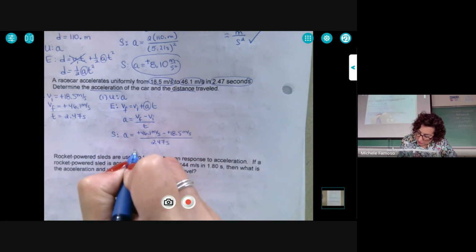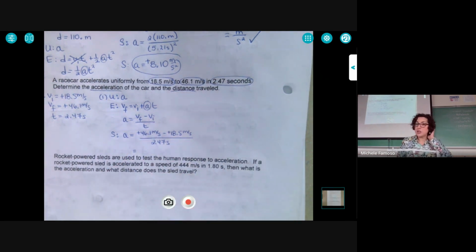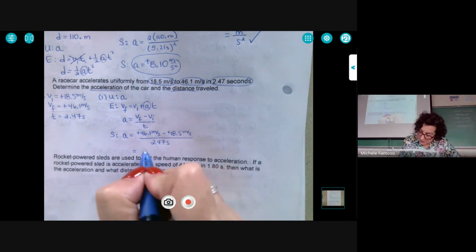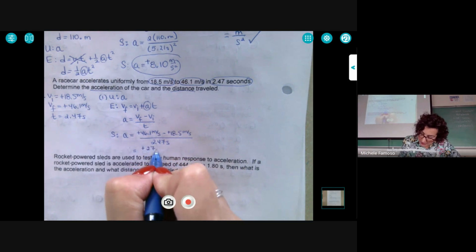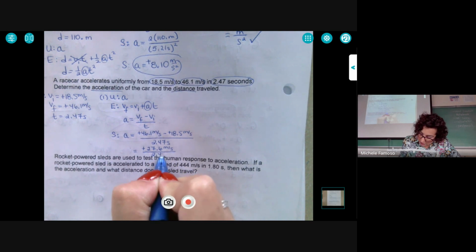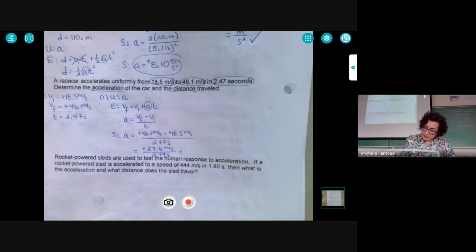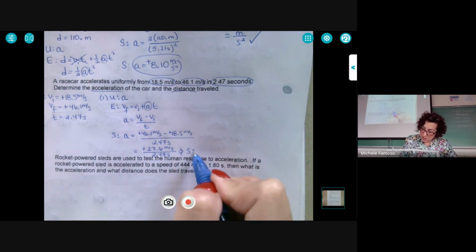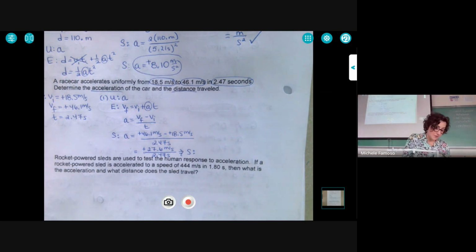What I taught you to do here is to do your intermediate subtraction first in the numerator. 46.1 minus 18.5 gives us positive 27.6 meters per second over 2.47 seconds. So now you can go ahead and solve that with proper units and sig figs.